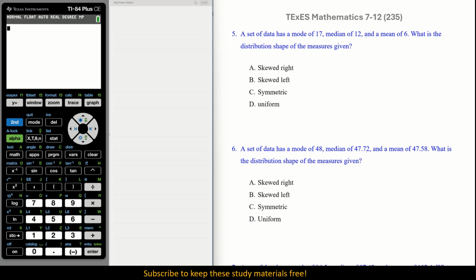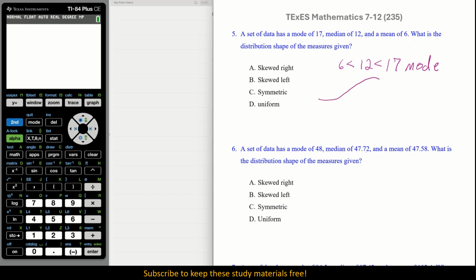Okay, and remember I said your mode would be opposite of your skewed tail. So in this situation, we have the mean is 6. Well, 6 is less than 12, and that is less than 17. And 17 is our mode.